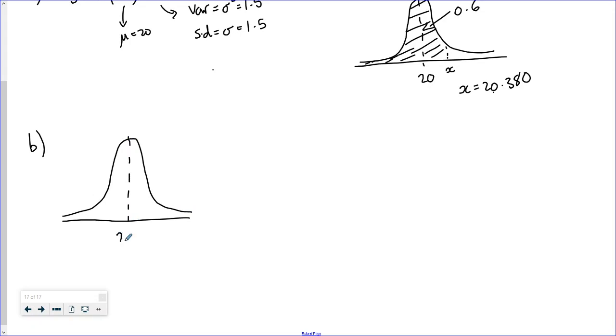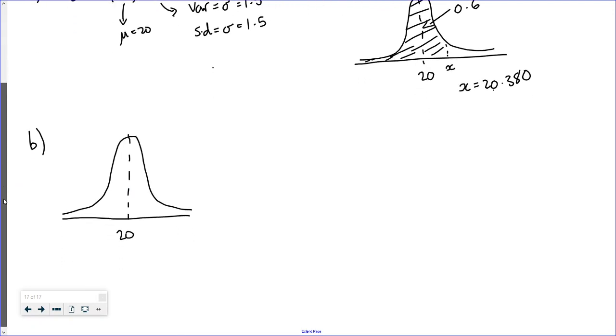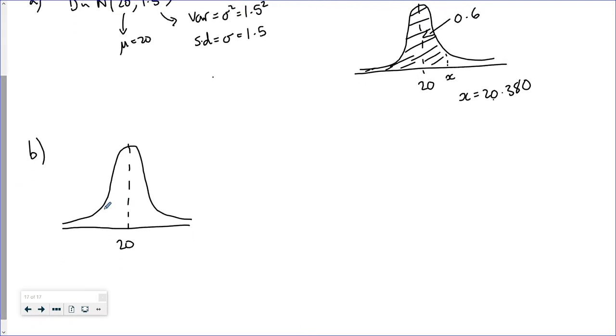So in the middle we've got 20, and we know that the lower quartile, Q1, is going to be 25% of the way from the left of our distribution. So the lower quartile, let's call that Q1, is such that the probability of being to the left of it is 25%, 0.25.